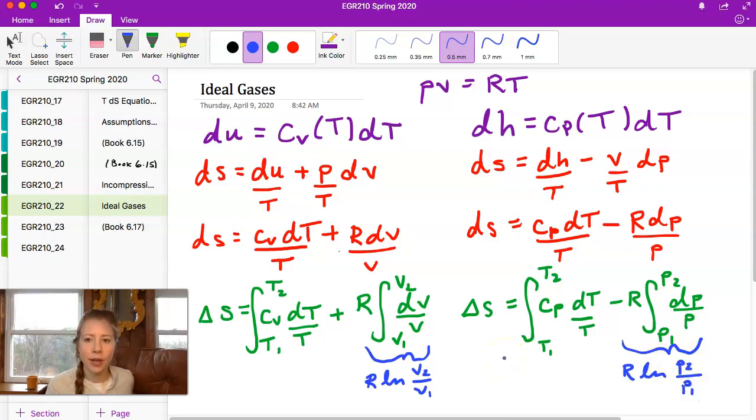Okay. Now, what we're getting at is how do you use the tables for ideal gases to get at delta S? So now for this integral right here, what ends up happening is we end up using the ideal gas tables. So we have to use the ideal gas tables for this.